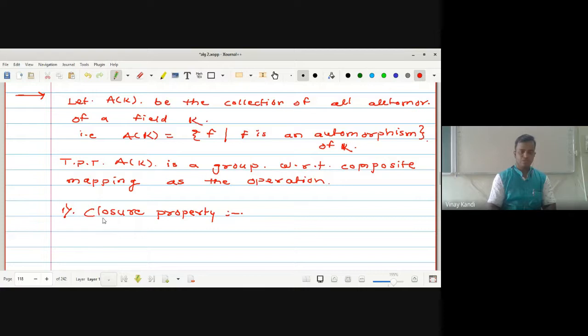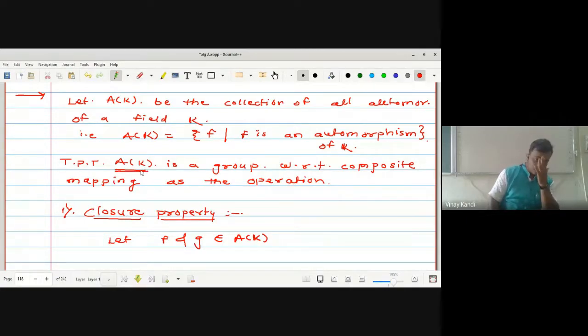How are we going to prove this one? Let F and G be two elements from this set. Is this set non-empty? How will you prove whether this set is non-empty?